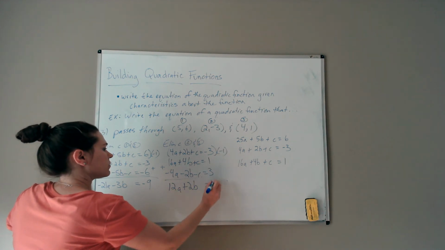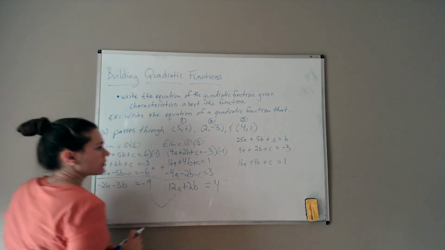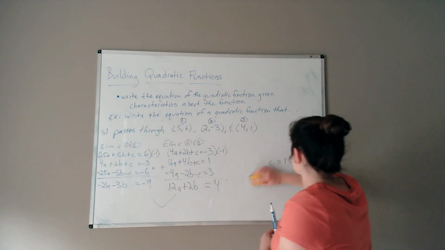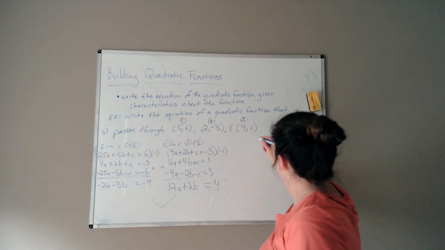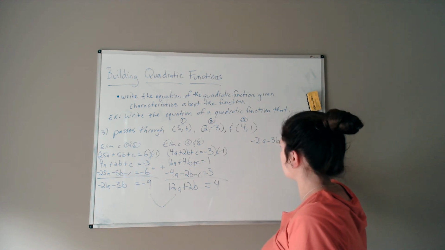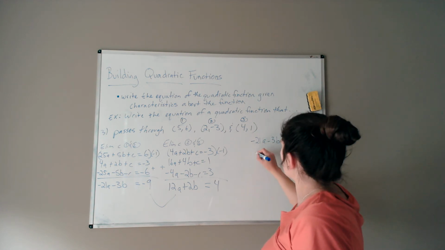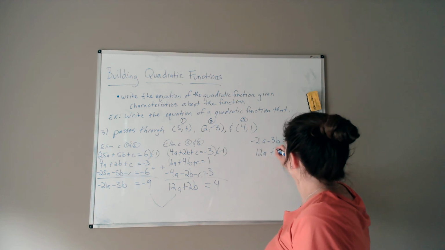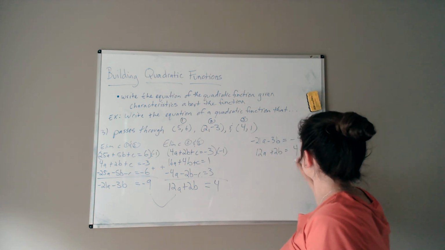C's cancel, equals 4. So here's my two-variable, two-equation system. So I have negative 21a minus 3b equals negative 9. 12a plus 2b equals 4.